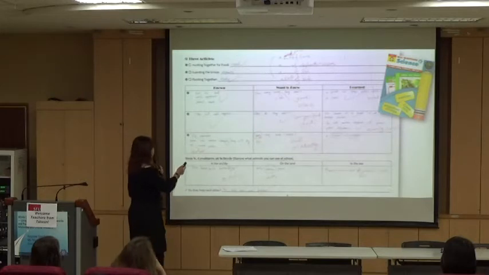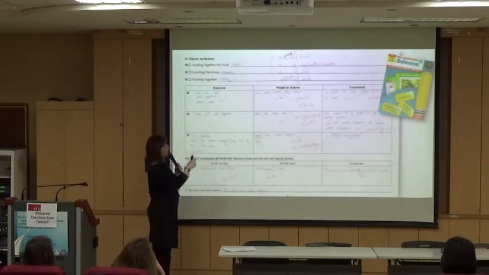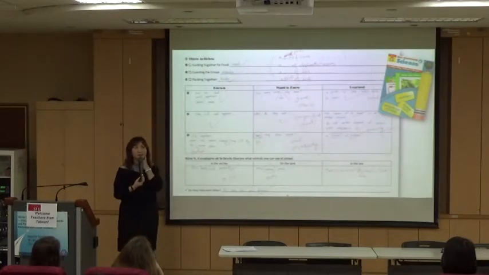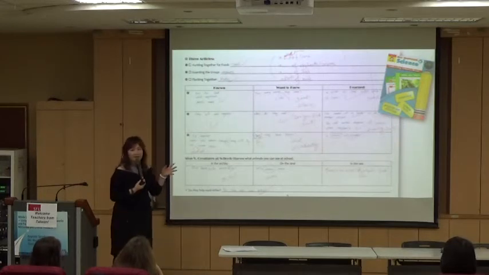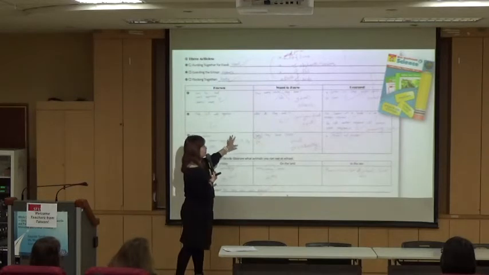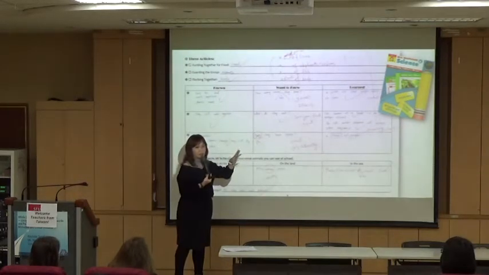Before that, they have to write down what they already know. The first one is about the horse, and the second is about the elephant or the birds, I forgot. Anyway, students need to write down what they already know before they read the book.